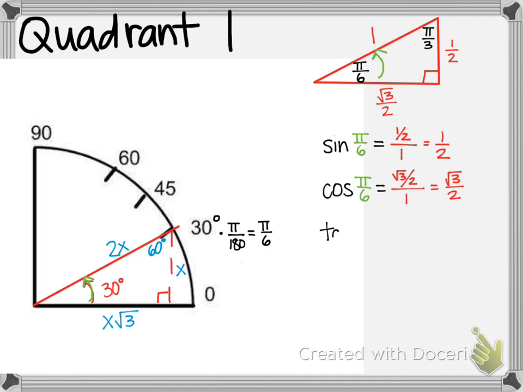Then I could also look at the tangent of pi over 6, which is sine over cosine, or opposite over adjacent. And I could simplify and get this. So these are all of the 3 main trig functions in the first quadrant for 30 degrees, or pi over 6. We can continue this for the other angle measures.